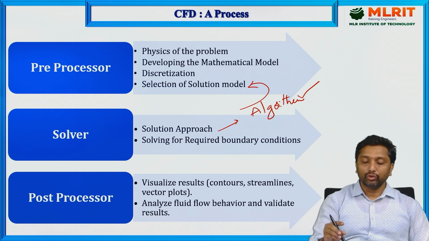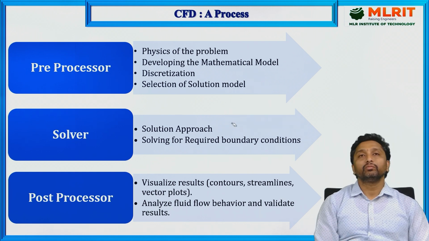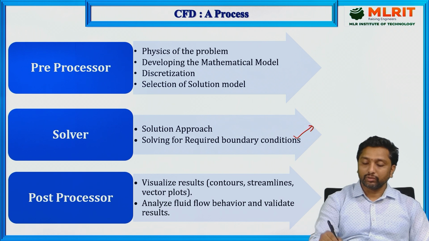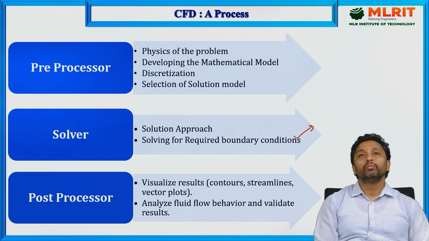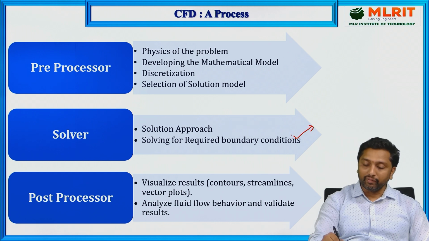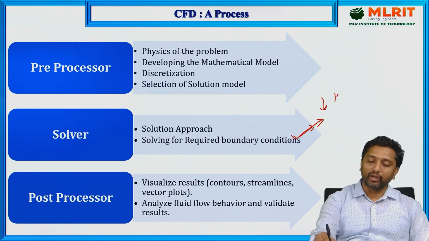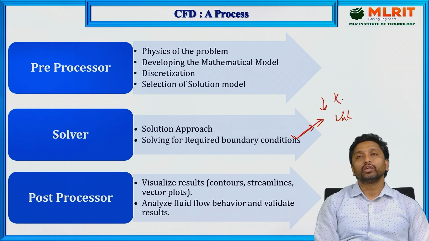Once we are done with selection of that algorithm, we precisely move to the boundaries. We specify the boundary conditions and we start evaluating for these specific boundary conditions. We'll start with known values or unknown values. First, we have to know what the boundaries are.